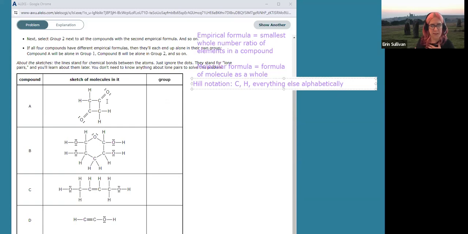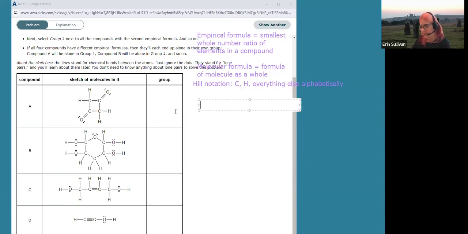So we're going to start with carbons for this one. This is where we see how well I can actually count today. Carbon 4, C subscript 4, hydrogen 1, 2, 3, 4, hydrogen 4, and then oxygen 2. That is my molecular formula. Now, can I make that any simpler? You've got to look if you can divide that by any integer to get a smallest whole number ratio.